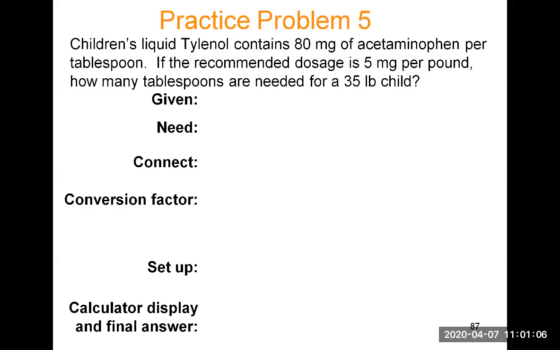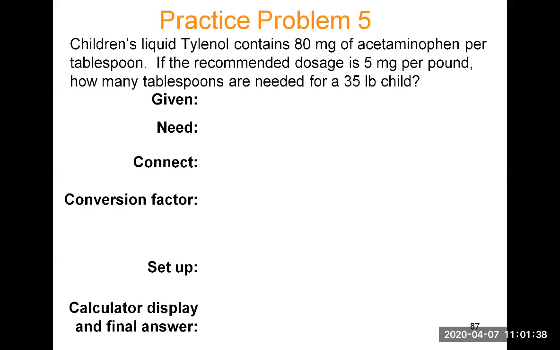If the recommended dosage is 5 milligrams per pound, again, we see the keyword per pound. And so you should read that as 1 pound equals 5 milligrams. That's the recommendation. And finally, how many tablespoons are needed for a 35-pound child? Here, 35-pound child is a unit on its own. There is no per something or contain something.